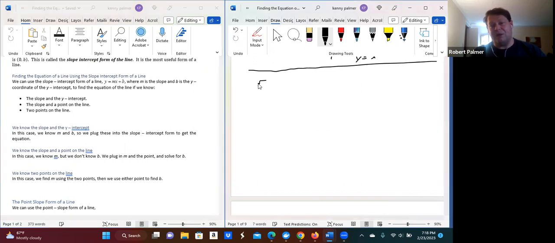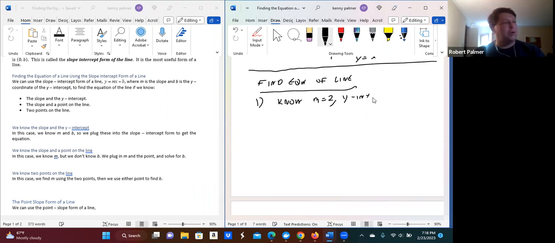So I want to find the equation of the line. Number one, what I'm given is the slope m equals 2, and the y-intercept equals -3. So this is the y-coordinate of the y-intercept. Here what I want to get out of this is my slope-intercept form, y equals mx plus b.